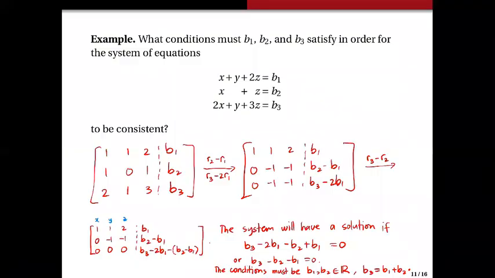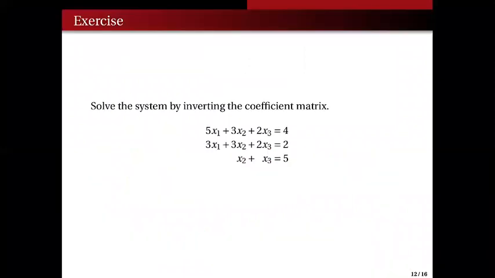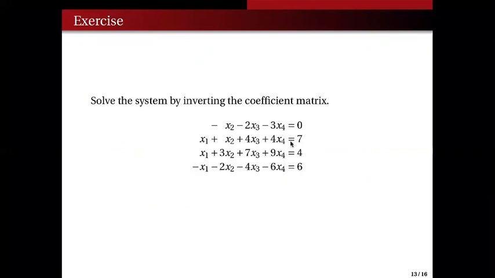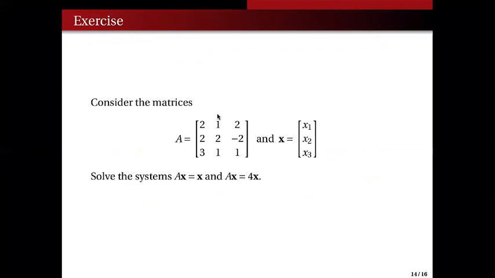So, the remaining slides here are all exercises. You will solve the system by inverting the coefficient matrix. We have the same problem, but this time you have a 4 by 4 matrix of coefficients. Look at this.